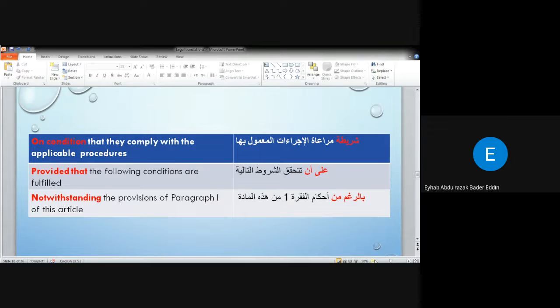This is okay. So let's have a look here and let's see how we have different words used in legal texts. Okay, so "on condition of complying with the applicable procedures." Notice how we translate the word sharita, meaning on condition that. On condition that they comply with the applicable procedures.